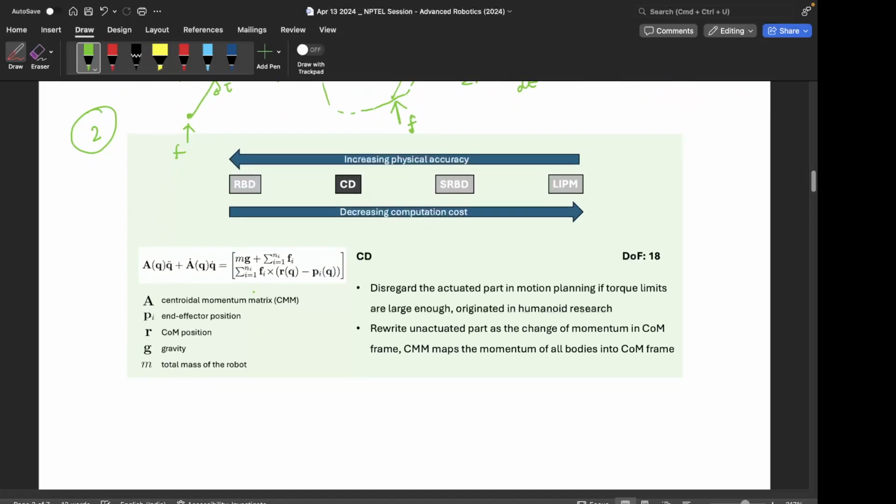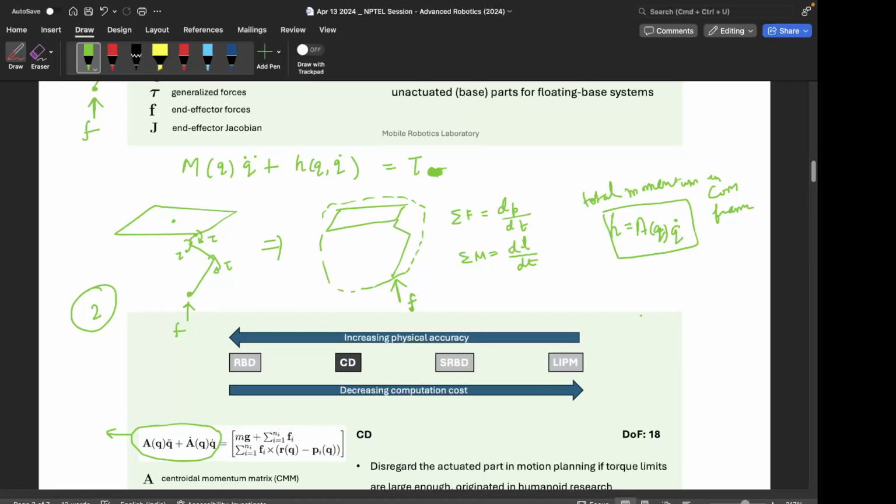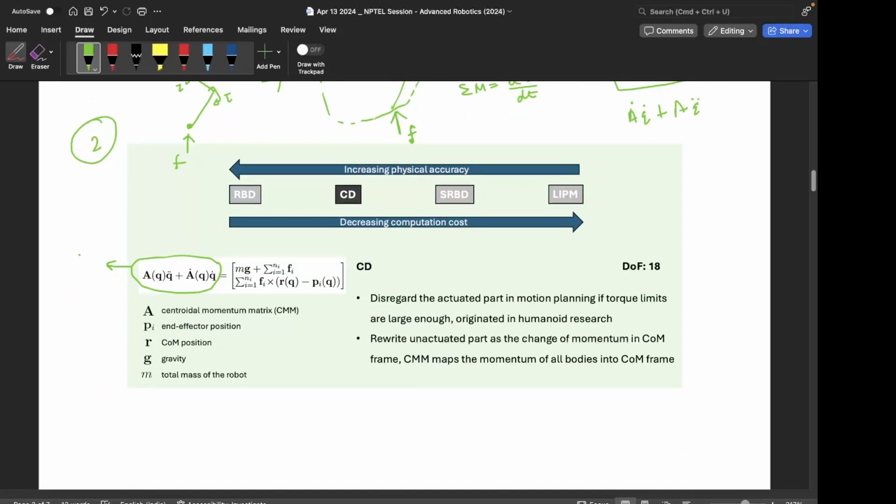Right. So in this equation, the thing on the left hand side is, if you differentiate it with time, it will be A dot q dot plus A q double dot, right? So this is the change in momentum.